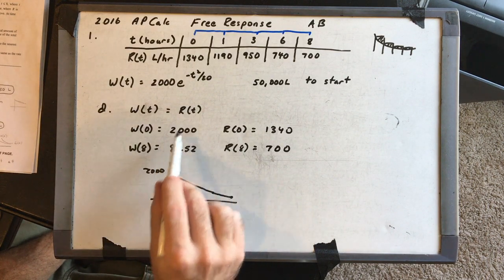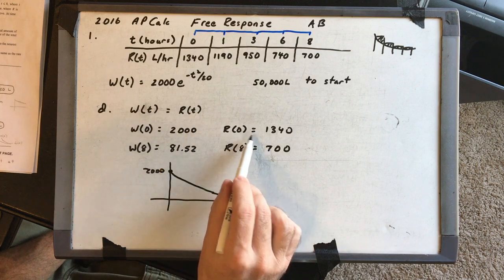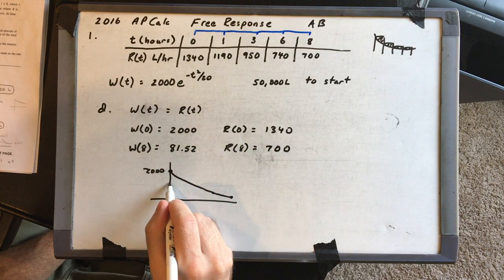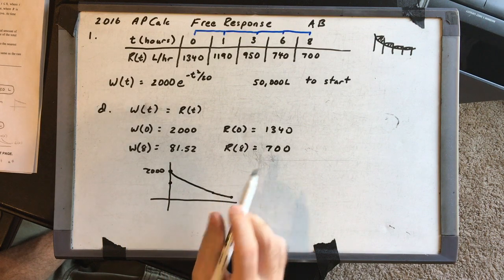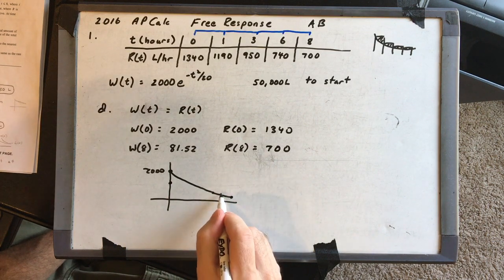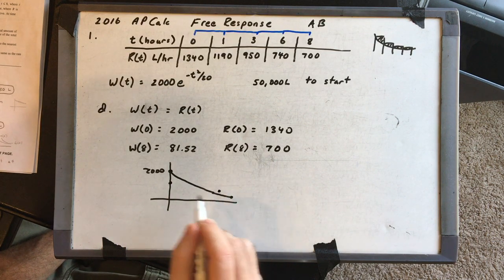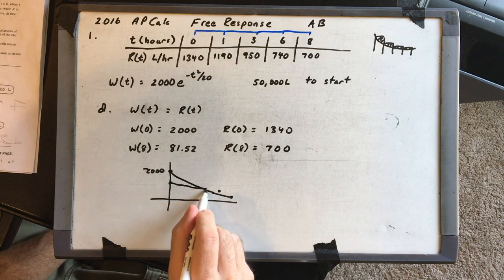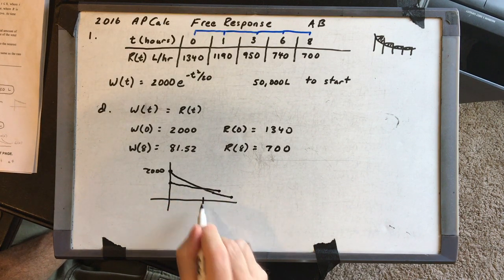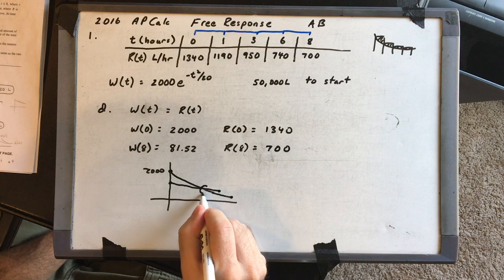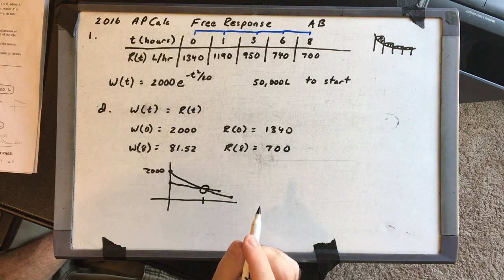For R, R of 0 is 1340, so let's put that right here. And then R of 8 is 700, so let's put that right there. So somewhere they have to cross, right? As long as they're continuous.